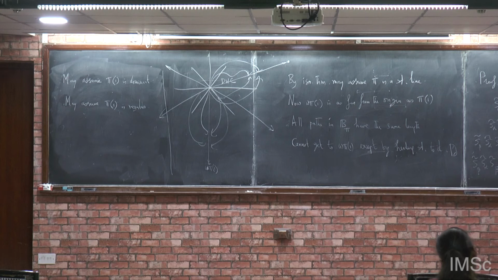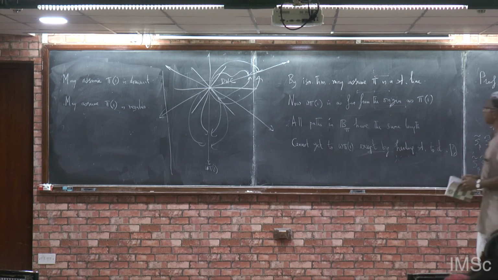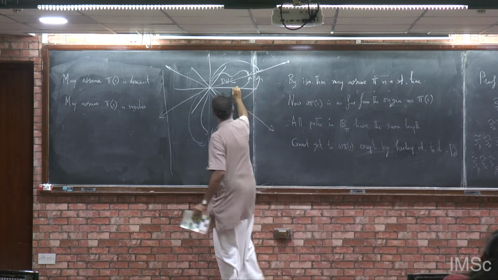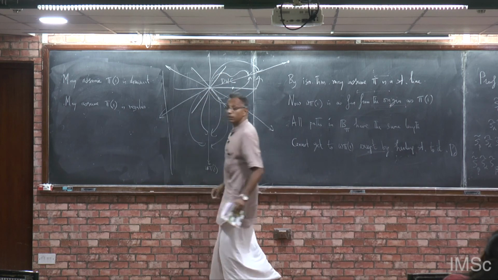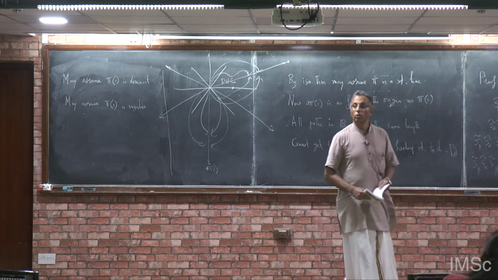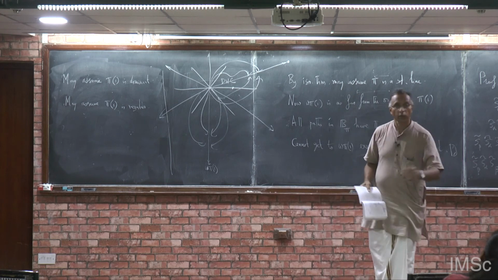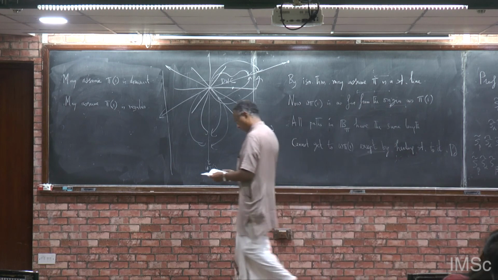Regular means regular as a weight, which means neither alpha check nor beta check is non-zero... that is, neither is zero on that. For example, if it lies on one of these walls, it's called singular, non-regular.